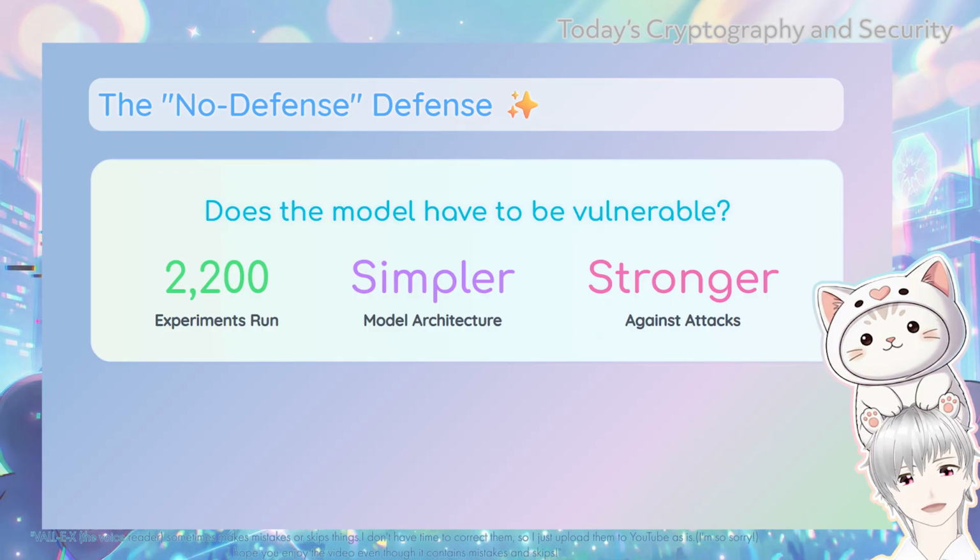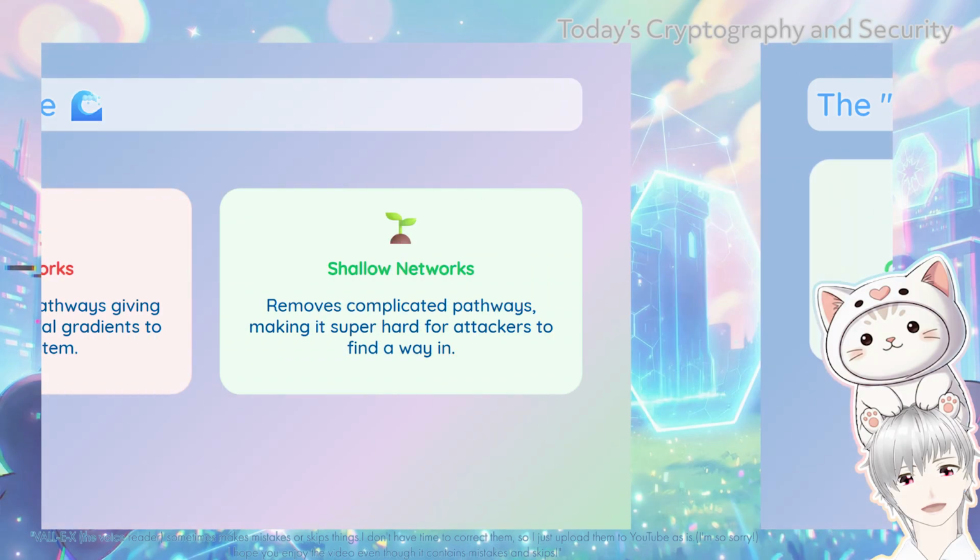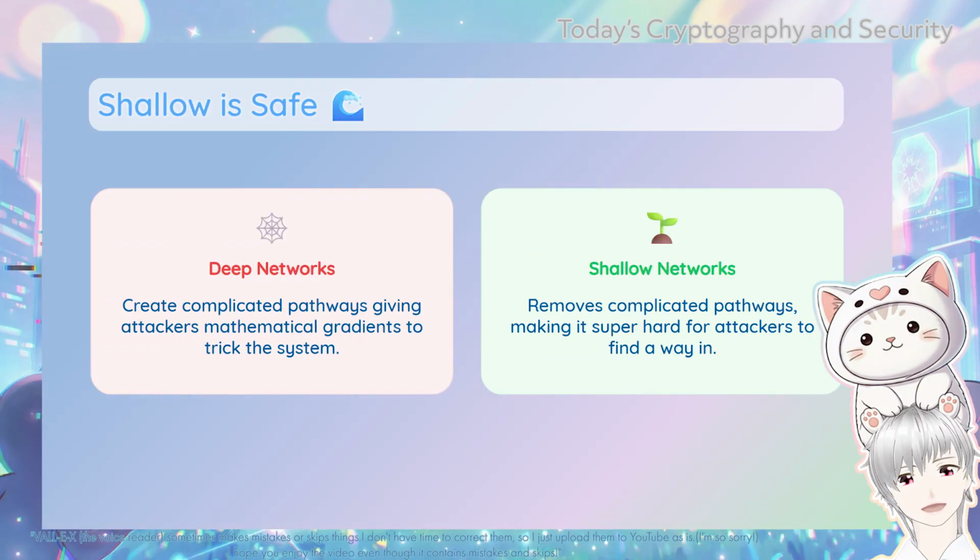And their conclusion is super surprising. They found that a simpler, shallower model is actually way stronger against these attacks than a deep, complex model. They call this a no-defense defense, because the architecture itself is the defense, without adding any extra heavy training. Let us delve deeper into the thesis content.